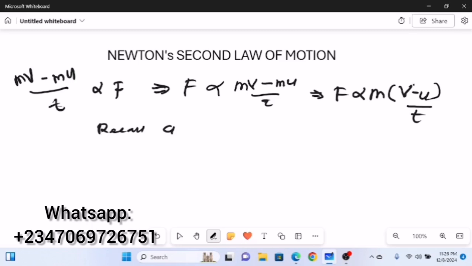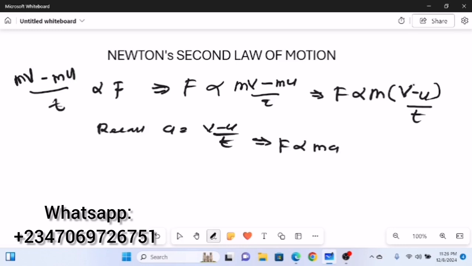Recall that acceleration is simply the change in velocity with respect to time. So this implies that our force is directly proportional to mass times acceleration.